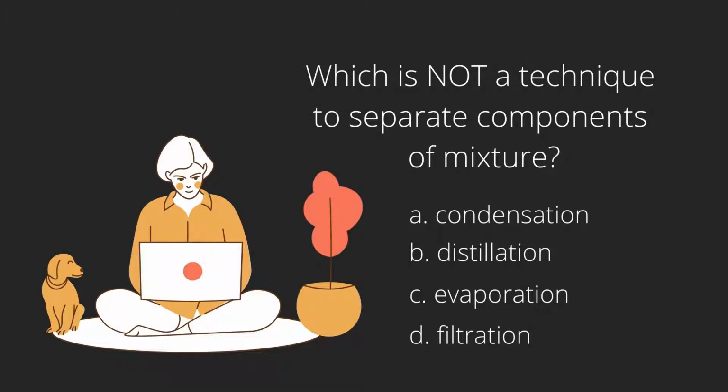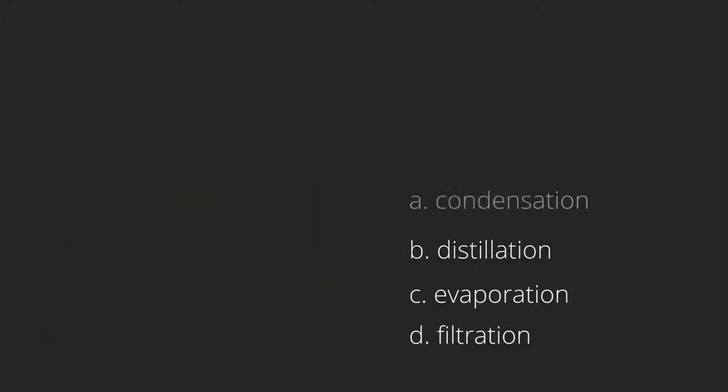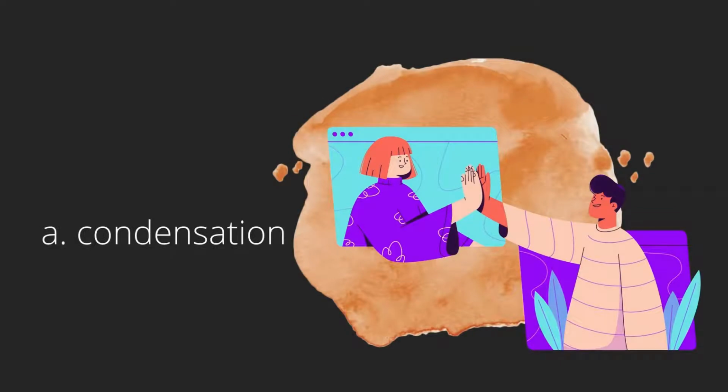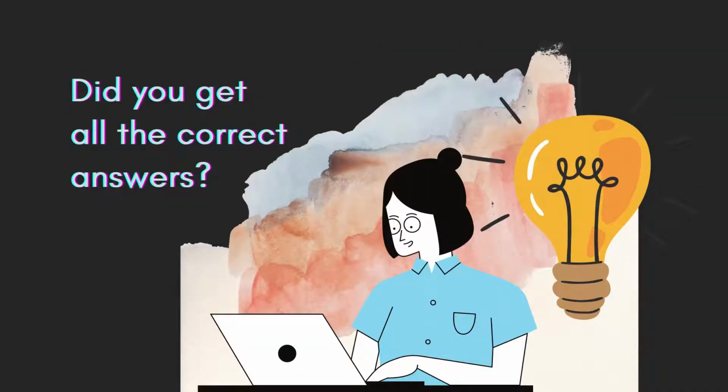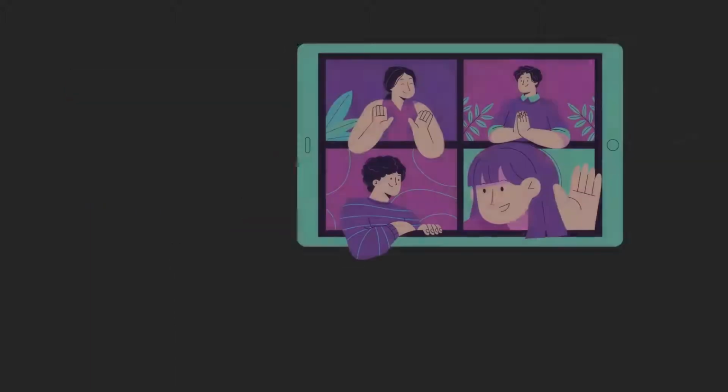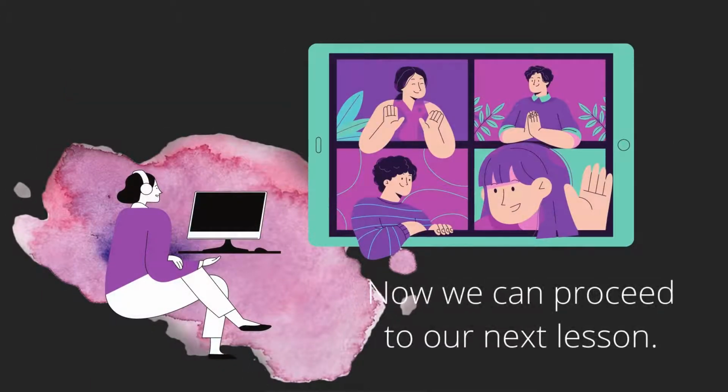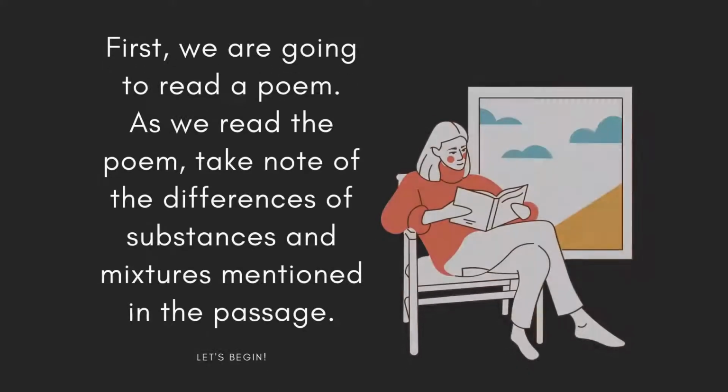Which is not a technique to separate components of mixtures? A. Condensation. B. Distillation. C. Evaporation. Or D. Filtration. Perfect! Did you get all the correct answers? Very good! Now, we can proceed to our next lesson.